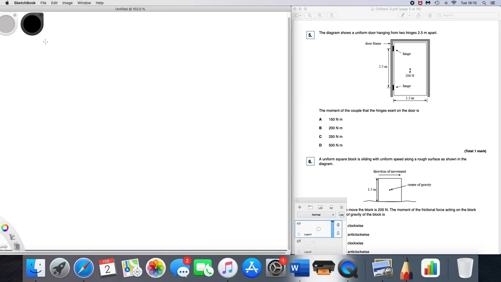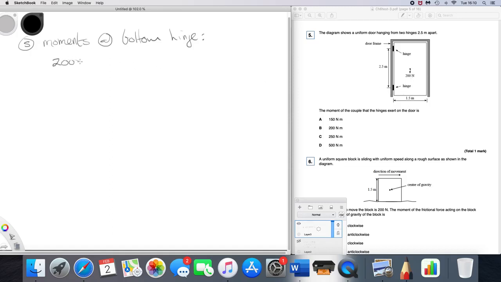So, question 5. Let's take moments about the bottom hinge. Doesn't matter whether we do the top or the bottom. So we've got 200 and the perpendicular distance of its line of action from the bottom hinge is 0.75.